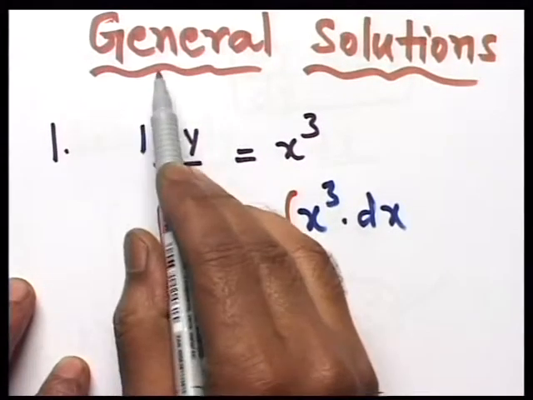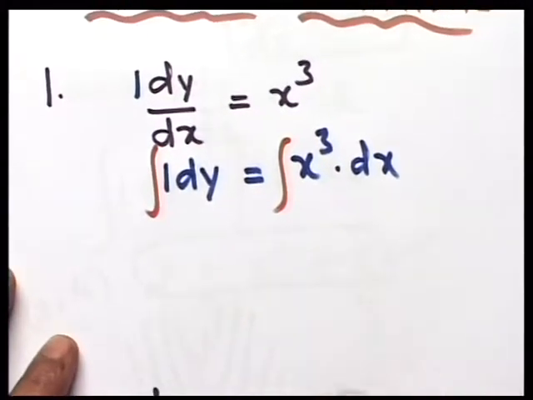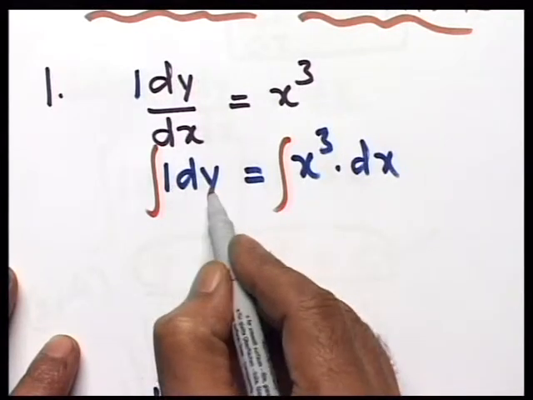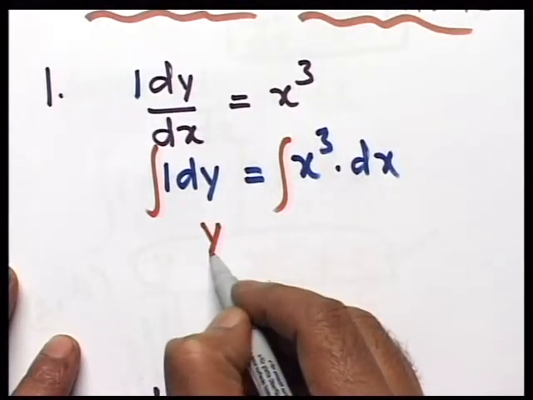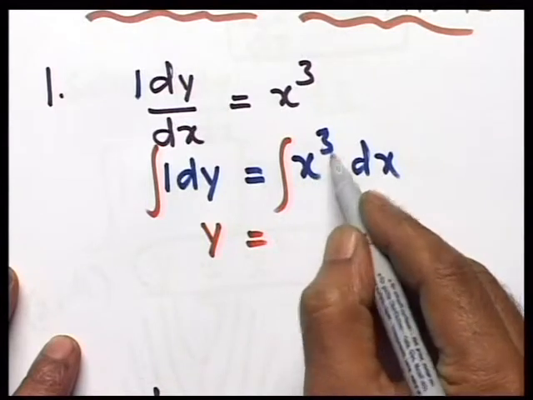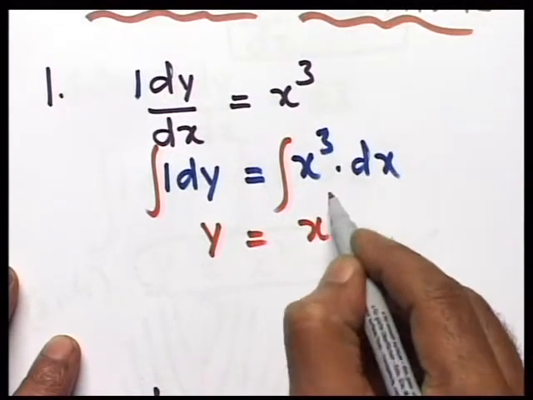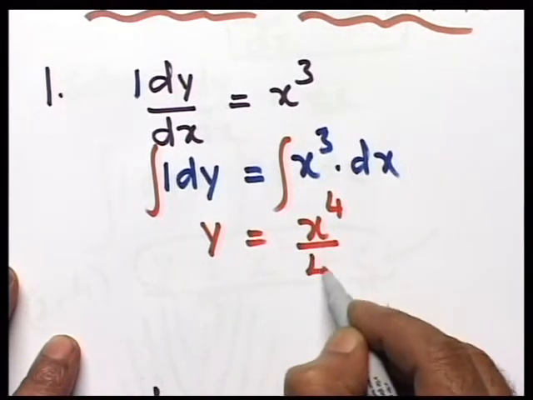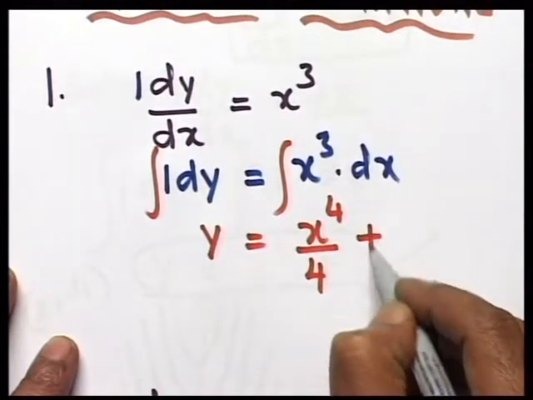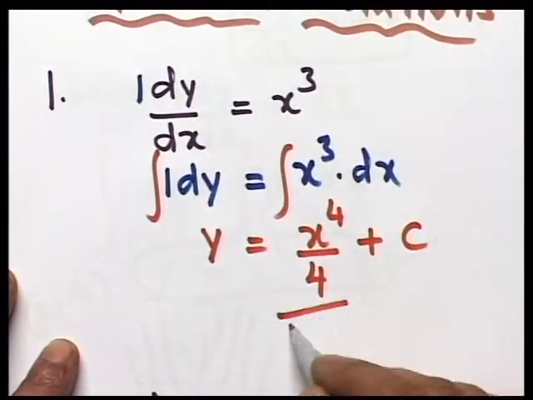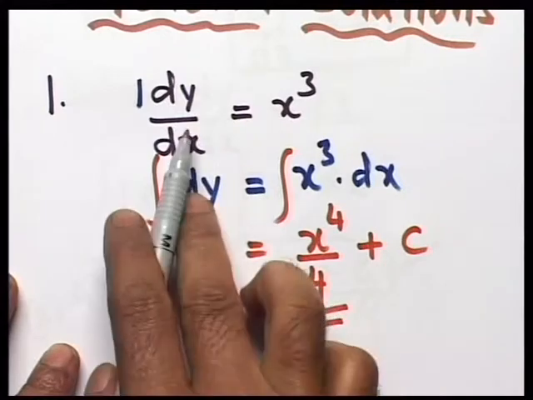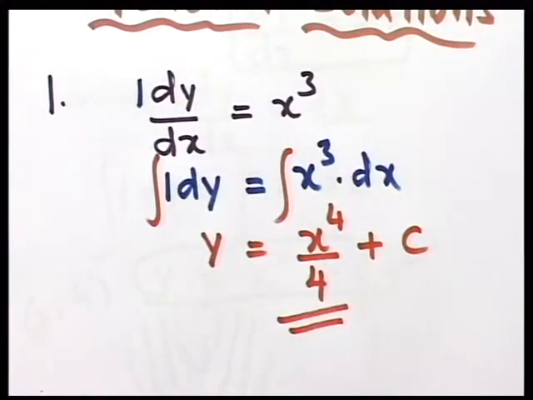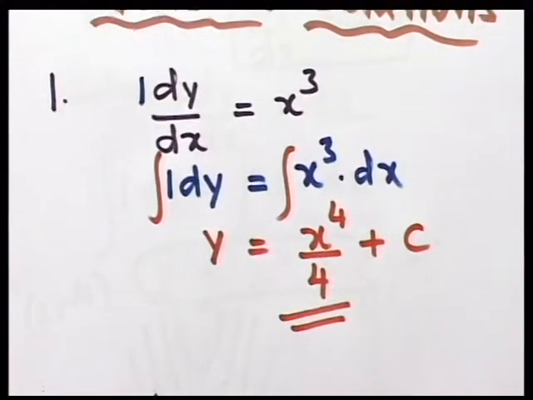Remember, we are doing only general solutions, please. Integration of 1 with respect to y is just y, equals the integration of x cube, which is x to the power 4 divided by 4, that we know, and say plus c. So that's the general solution of the given differential equation, right?